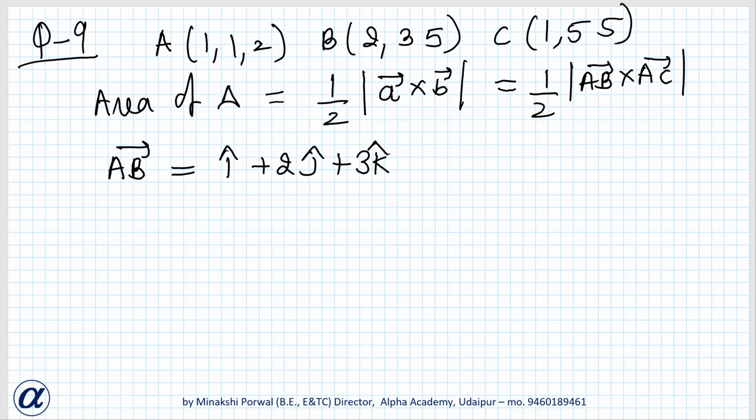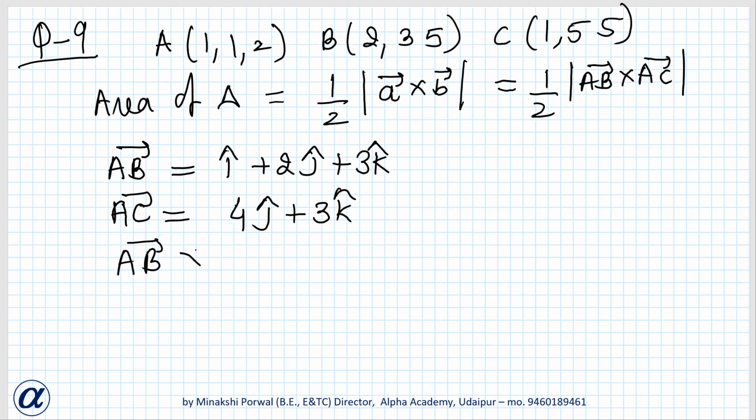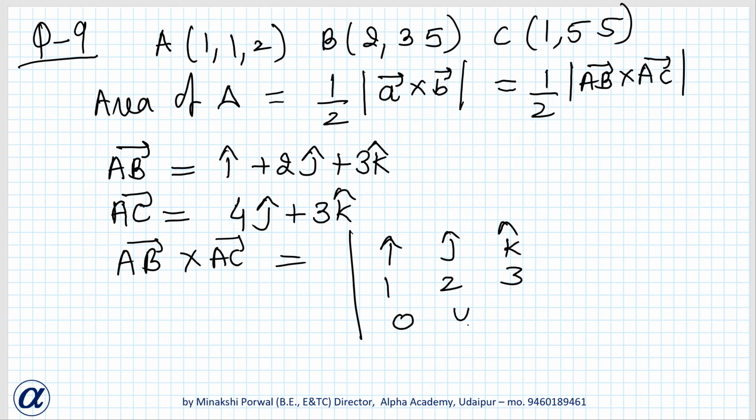3k. Then AC vector. AC is C minus A: 0i, 4j and 3k. Now AB cross AC will be equal to the determinant i, j, k, 1, 2, 3, 0, 4, 3.